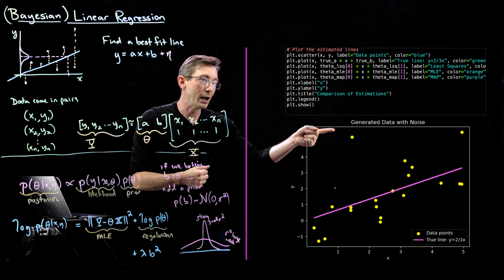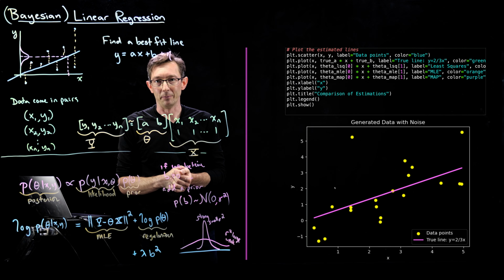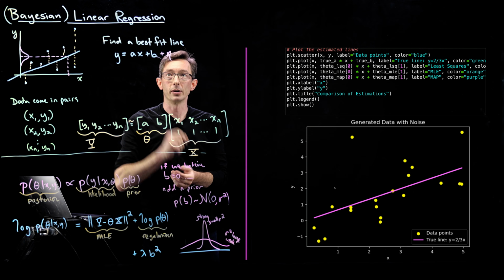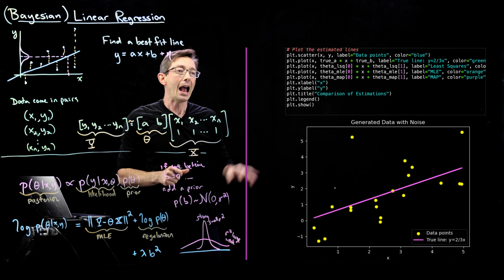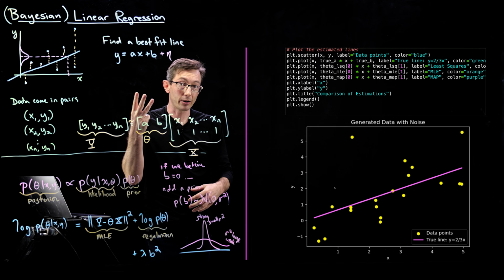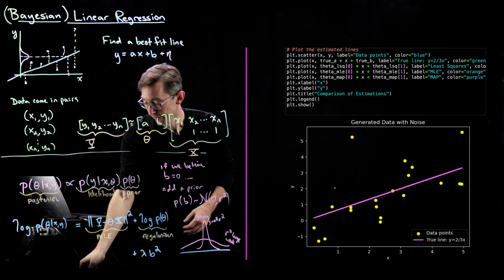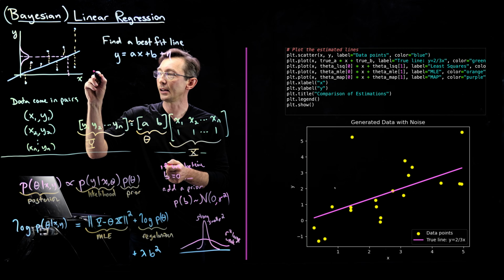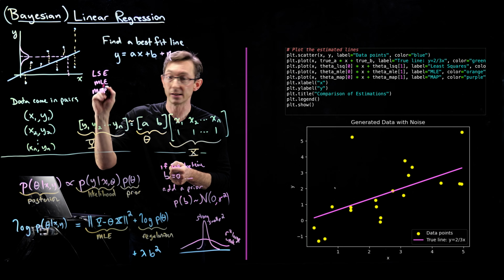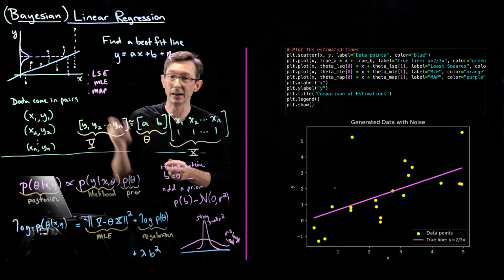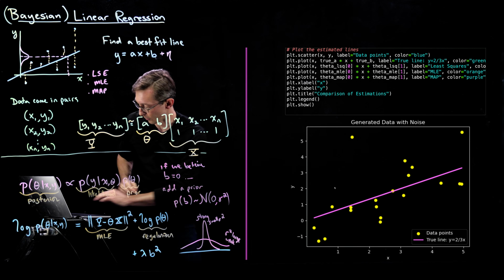It's not well outside of the normal amount of noise, but it is an extra outlier on the end there. And now let's look at what those 3 regression algorithms look like. Just to remind you, it's least squares estimation, maximum likelihood estimation, and the Bayesian maximum a posteriori estimation. Those are our 3 that we're comparing.